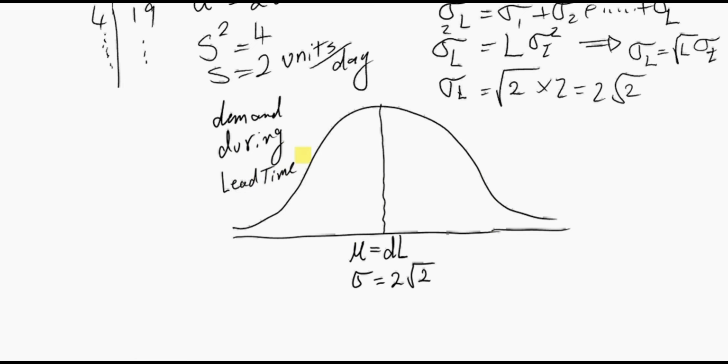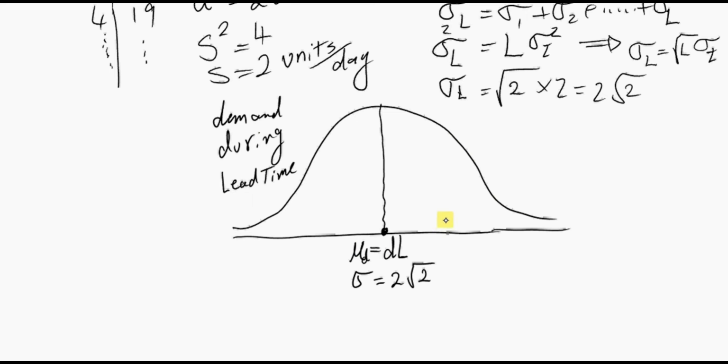Okay. Now, if we set our reorder point at DL, the problem is that there's a 50% chance that the demand during the lead time will be less than it, and a 50% chance that it will be more than it. If the demand during the lead time becomes more than what we are expecting, then there is the cost of lost opportunity, the cost of lost sales.